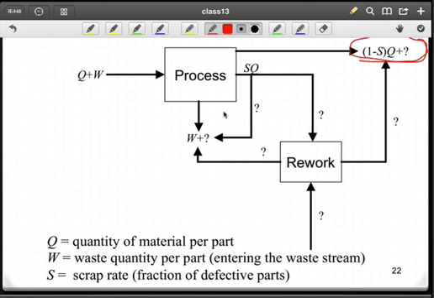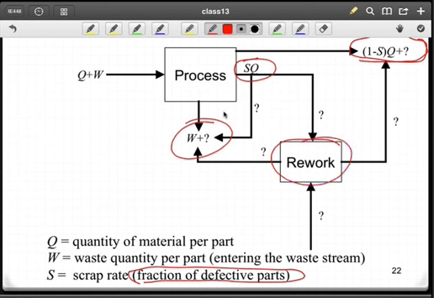Our scrap rate, as we've said before, will be the fraction of defective parts that are produced in our process, and that results in our material either going into the waste stream or entering rework, and then subsequently, if it's returned to the intended value, we will go to the next process in our system.